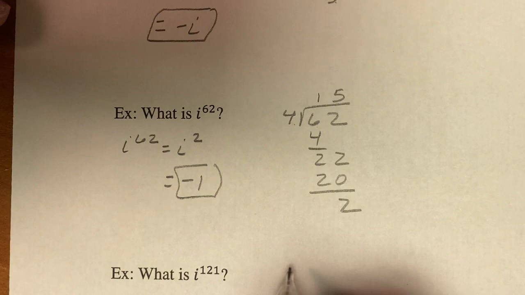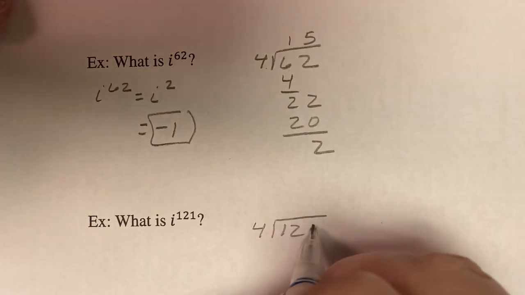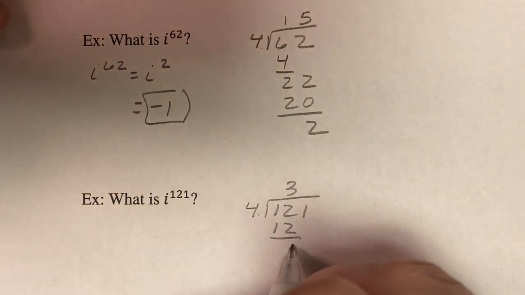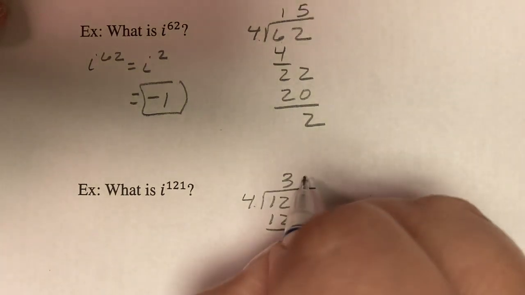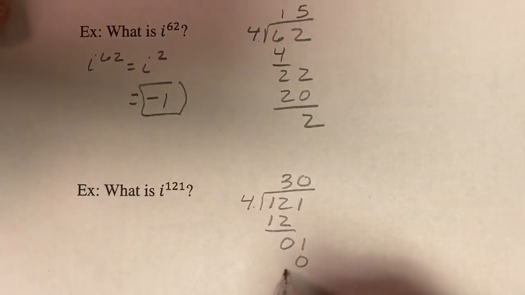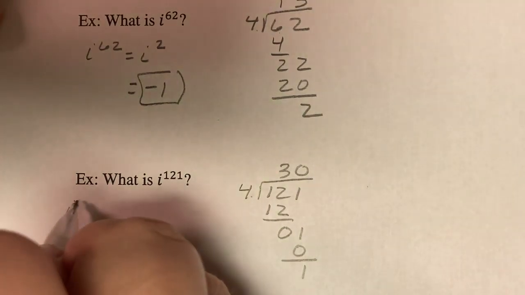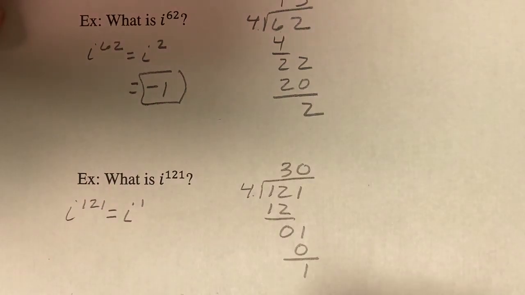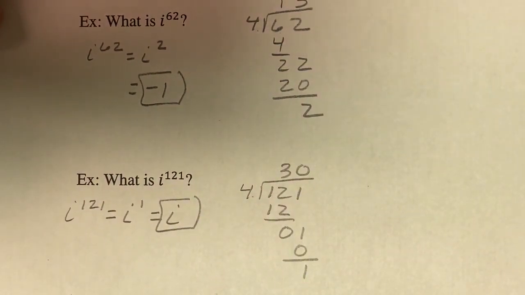Let's do the last one. Let's divide 4 into 121. Well, 4 goes into 12 3 times. 4 goes into 1 0 times. And the key is that there's a remainder of 1. So i to the 121st is the same thing as i to the 1st, which is simply i.